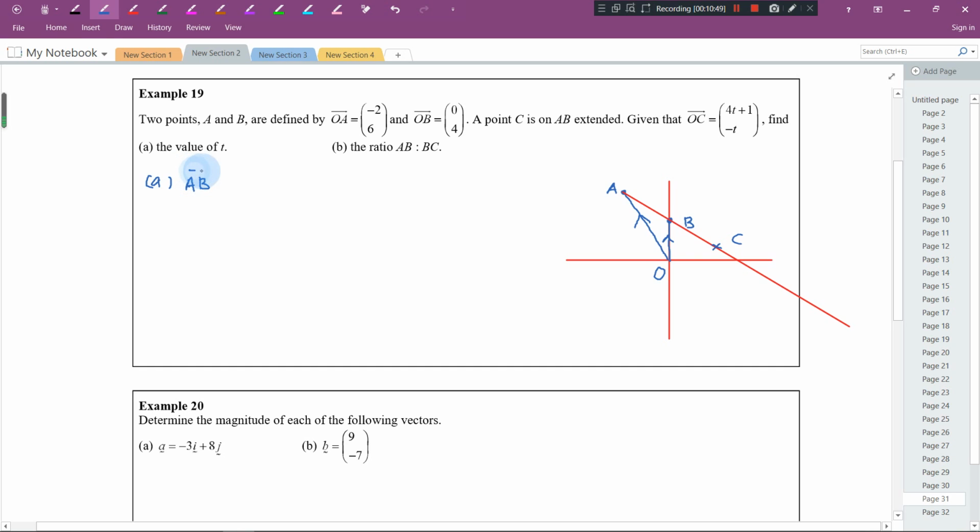AB is equal to AO plus OB. Okay, this is OA. Now I am looking for AO, right? So you have to change the sign, opposite direction. If it is negative, you change it to positive. Positive, you change it to negative.